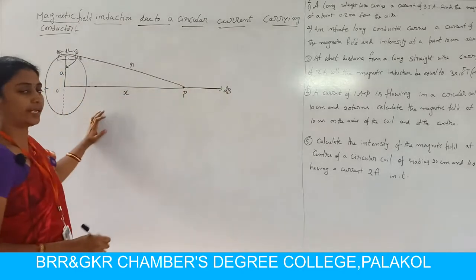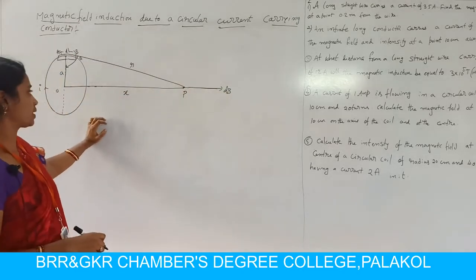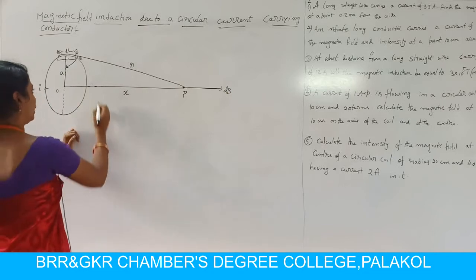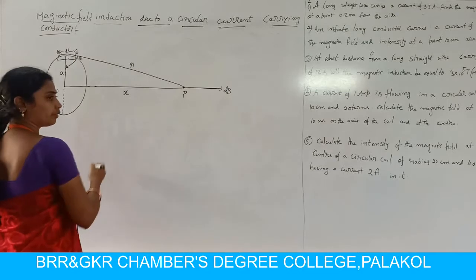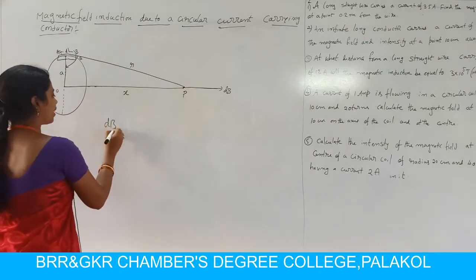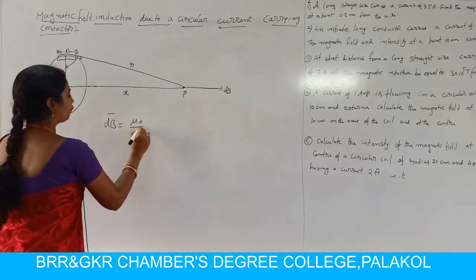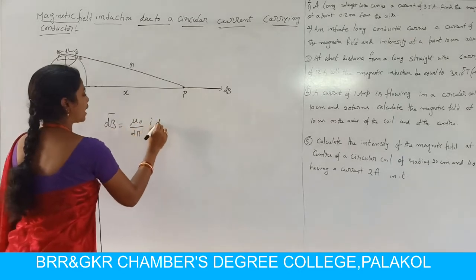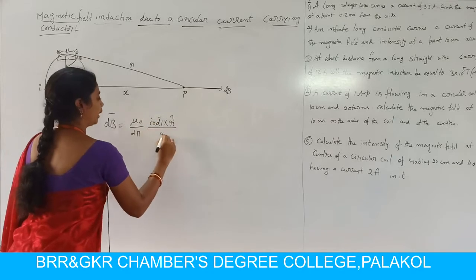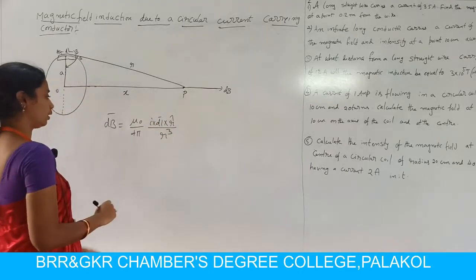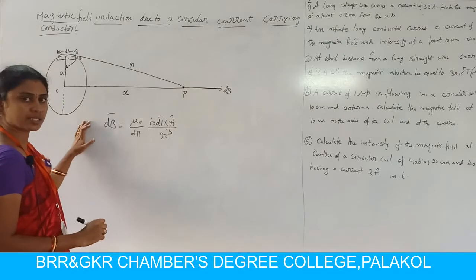Then we apply Biot-Savart's law to this coil for the elemental length dl. As we know, Biot-Savart's law in vector form is dB bar equals mu naught by 4 pi, I dl bar cross r cap, divided by r cube.